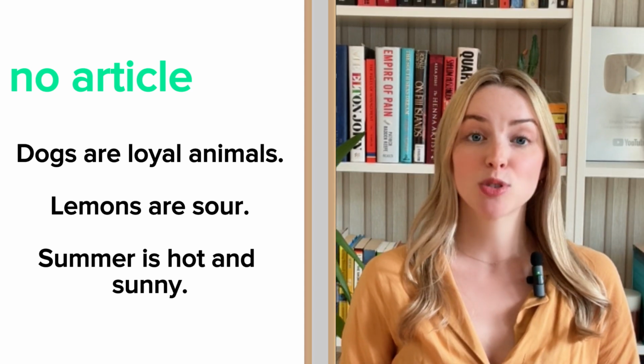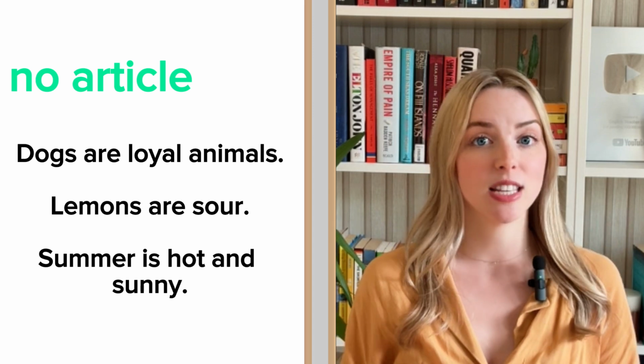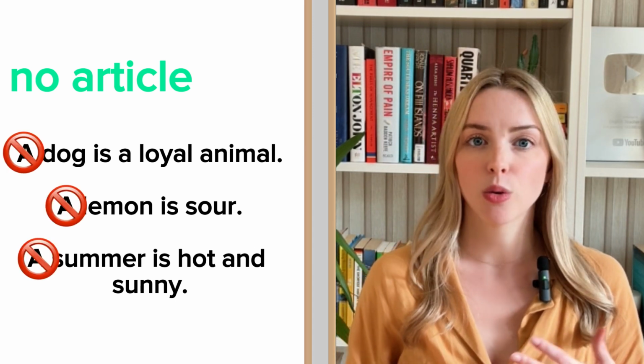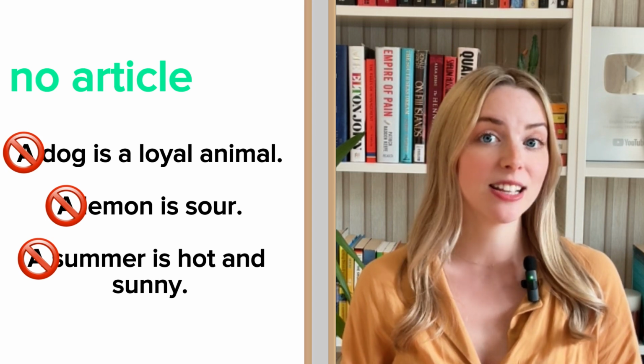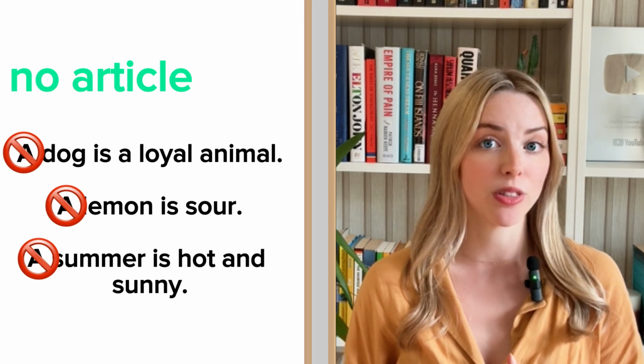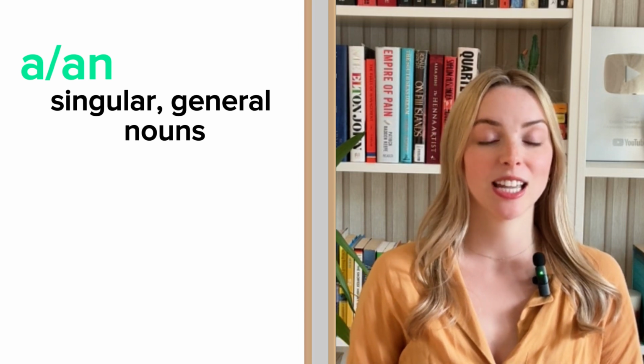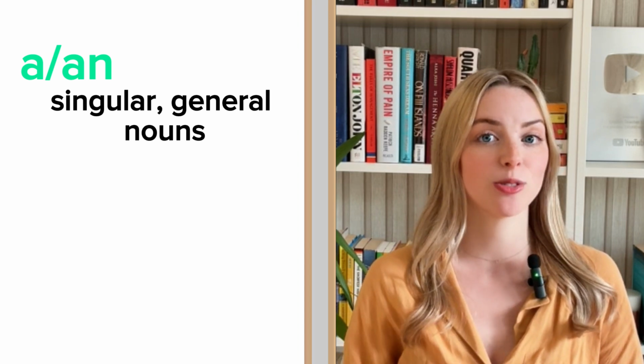But since I'm talking about all of these things in general, I don't use a or an, which we already learned is used for general things, because we use a or an for singular nouns, for when we're only talking about one general thing.